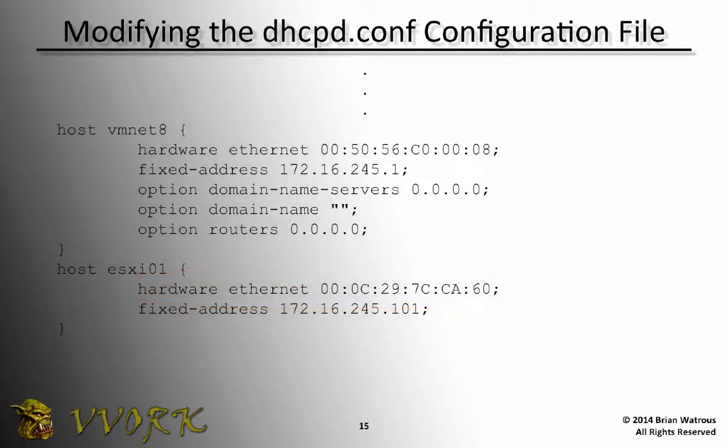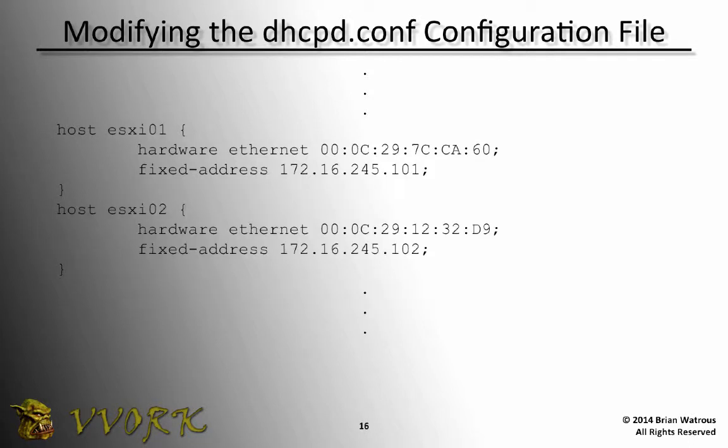And then on the fixed-address line, what I'm specifying is, okay, DHCP server, if you see somebody at that MAC address requesting their IP address, then give them this statically assigned IP address, 172.16.245.101, which, if you recall from the previous slide, is outside of the range of IP addresses that the DHCP server is assigning. So 101 for the first host.